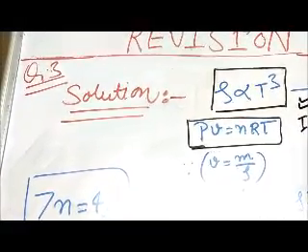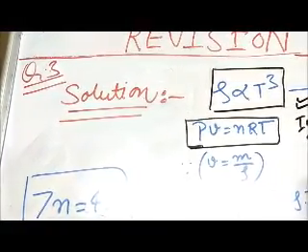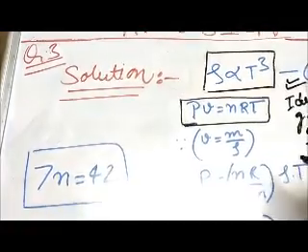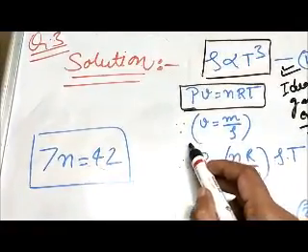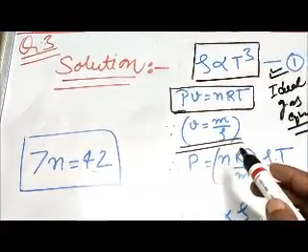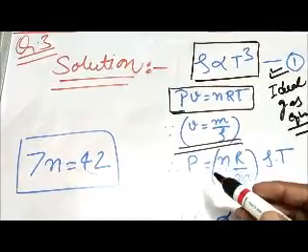So the ideal gas equation PV equal to nRT, we can always write V equal to M divided by the density of the gas.